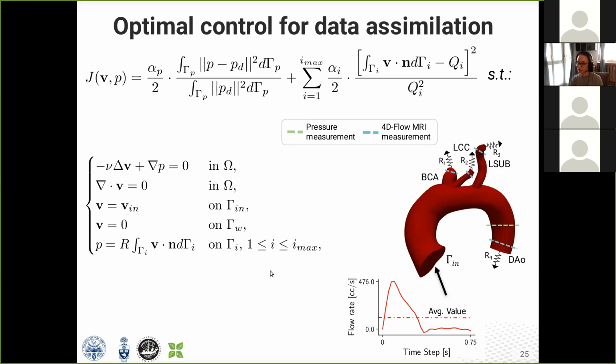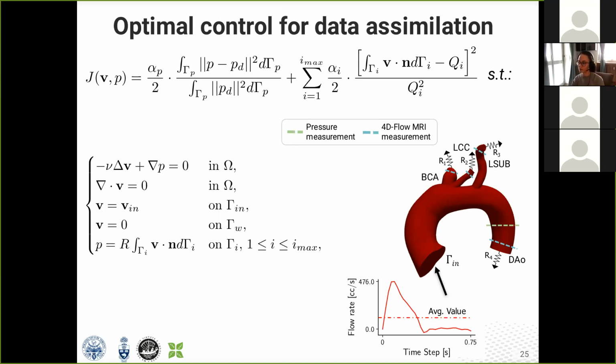And that's the Stokes equation that we're solving. We prescribe the velocity at the inlet, which was also measured with 4D flow MRI, and we take the average value since we're solving a steady Stokes problem. And at the outlets, we prescribe resistance values or resistors. This is something new, because optimal control up to now was done with Dirichlet control or Neumann control.